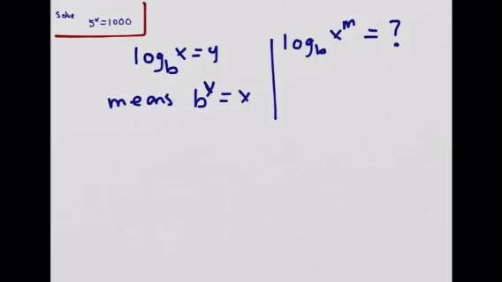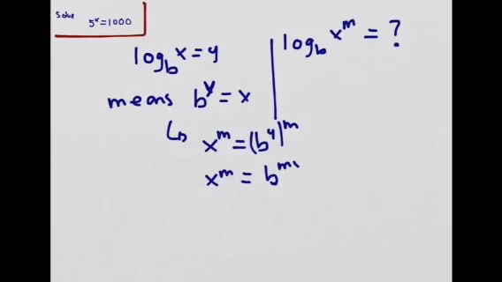If I know that log base b of x is y, I can deduce that x to the m should be b to the y, to the m. That just means that x to the m is b to the m times y, because you multiply the powers. So there you go.